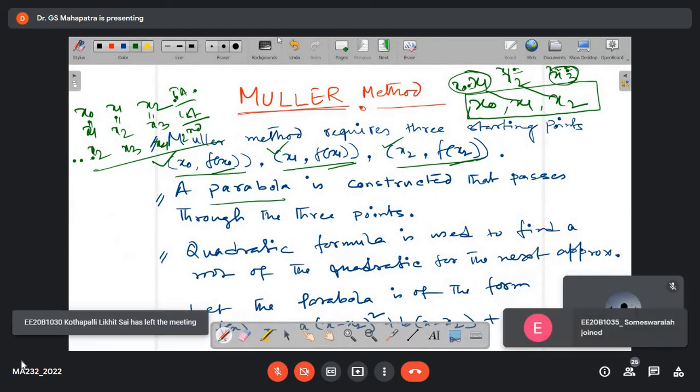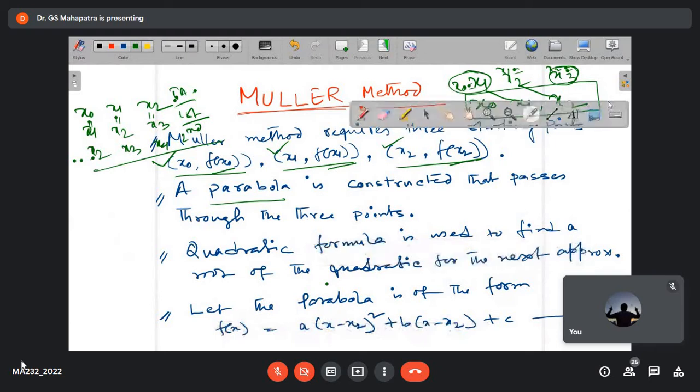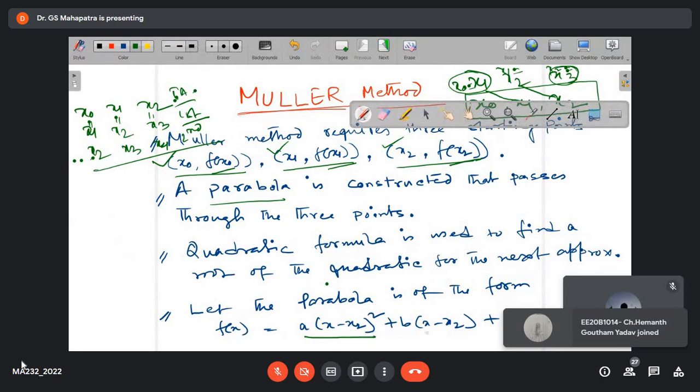Now since you have 3 points, for these 3 points we will consider the parabola in this form: f of x equals a into x minus x2 whole square plus b into x minus x2 plus c.